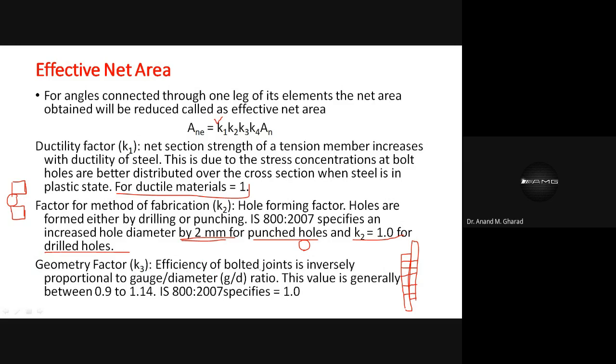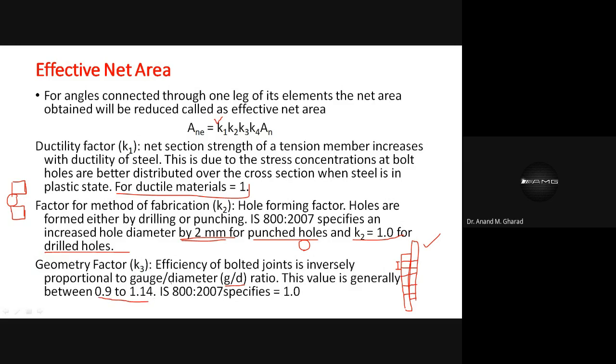What it says is that the efficiency of such a connection is inversely proportional to the gauge to diameter ratio. Okay, so the gauge distance to the diameter of the hole ratio. Okay. So various other codes have identified this value to be between 0.9 to 1.14.